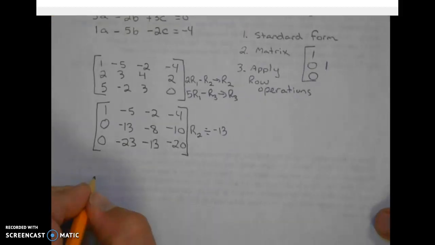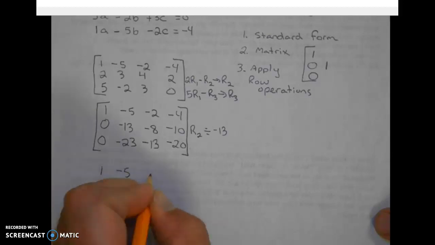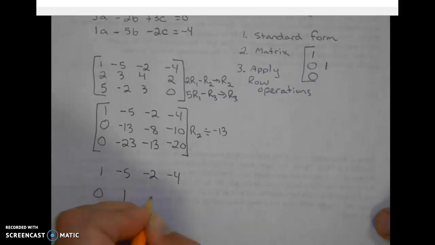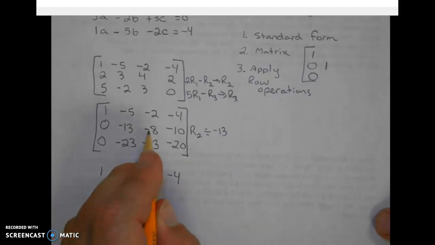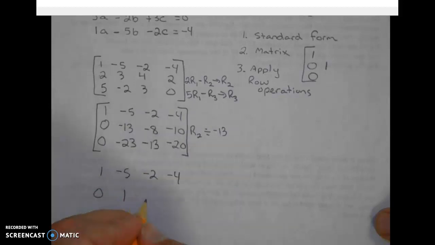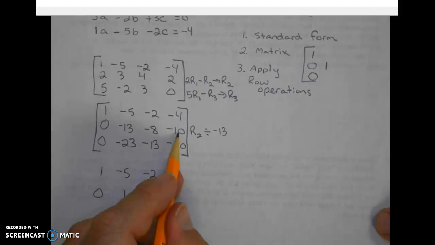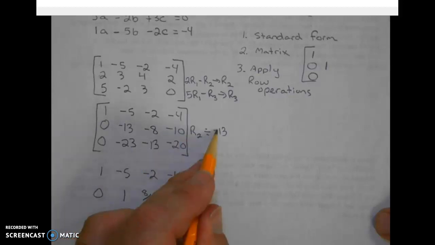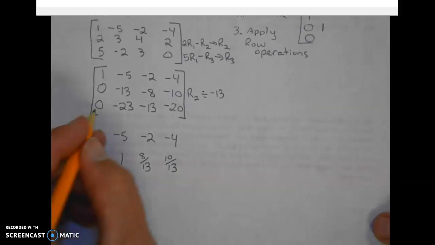So for row 2 now, we're going to have, well, let's write down row 1 first. And a -8 divided by a -13 is going to be a positive 8/13. And same thing here, a negative divided by a negative is a positive, so we're going to have 10/13.